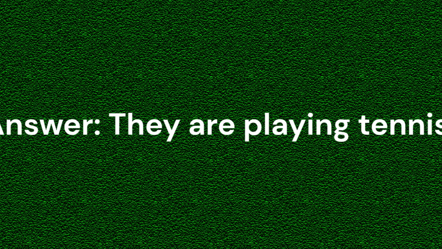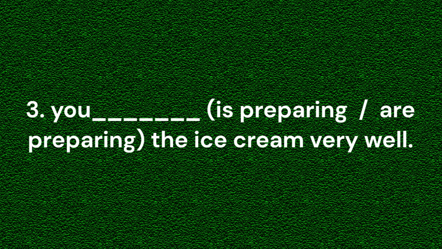Here you must be knowing that the continuous tense has to have the present verb form followed by the ing form, preceded by the be form. Here the subject is they and the be form for they is are. So the answer is they are playing tennis.